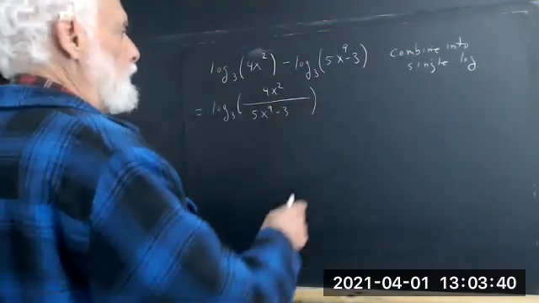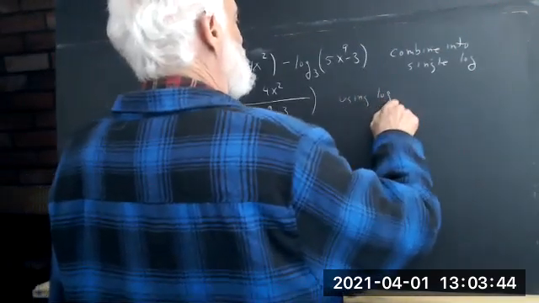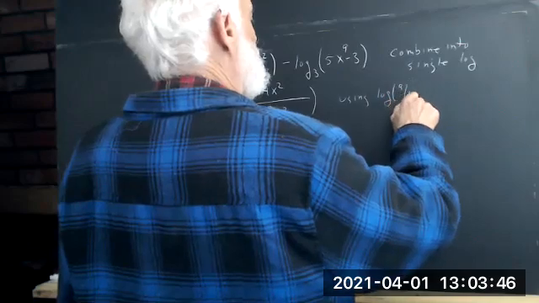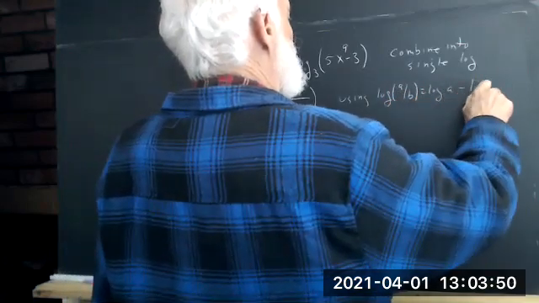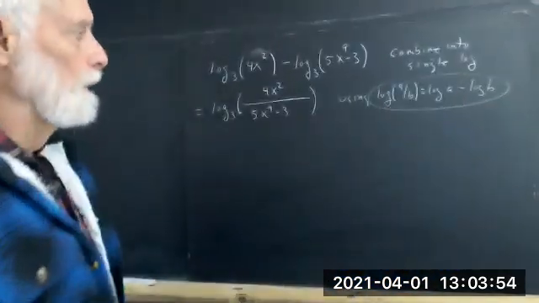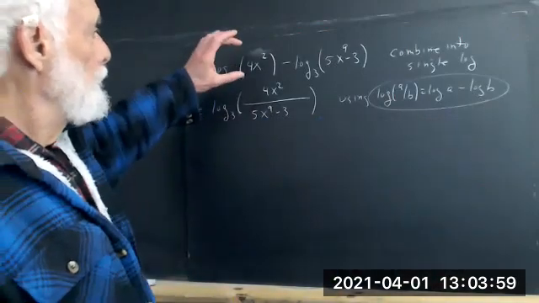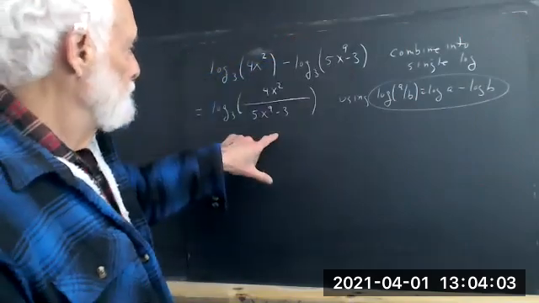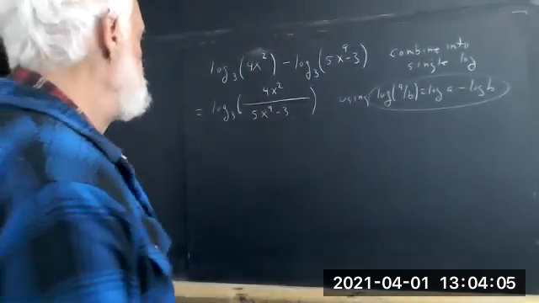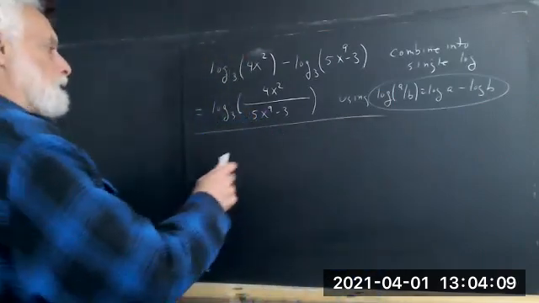Okay, and this uses the fact that log of A over B is log of A minus log B. So we have the log of this divided by this. Okay, let's look the other way.